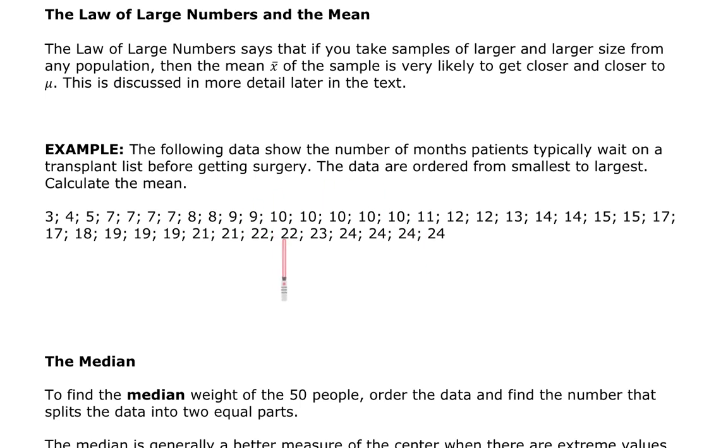In the spreadsheet, you can find the mean with AVERAGE, AVE I think it is, and then you'd grab this data set. Since I don't have a spreadsheet, I just get out a calculator, add all these up and divide by the number of data pieces, and when I did that, I got an answer of 13.95. That is my arithmetic mean.